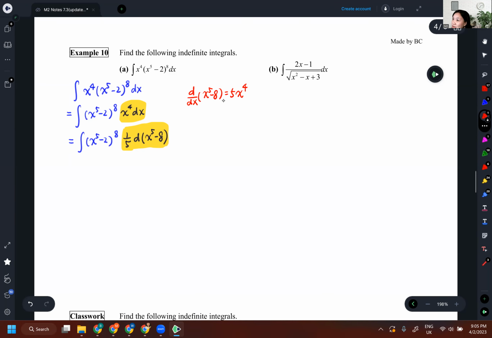But it gets easier, because later on you will put something else in it. Now x^4 dx, you integrate, you have x^5 - 8 divided by 5. Am I crazy? I think so.